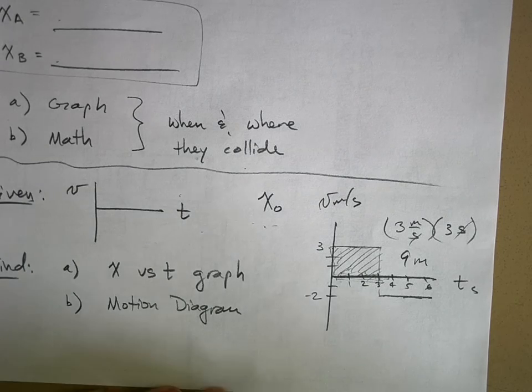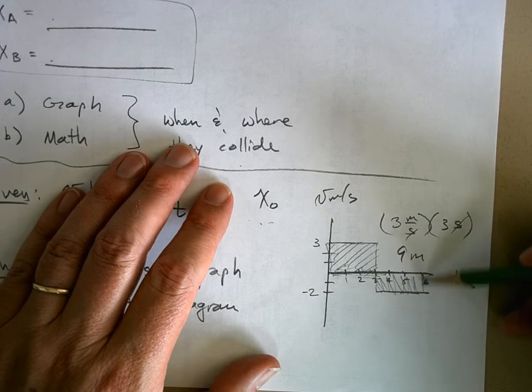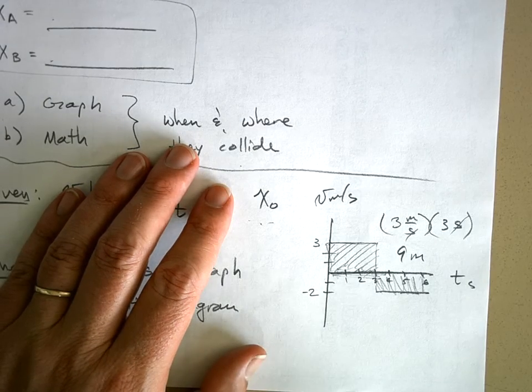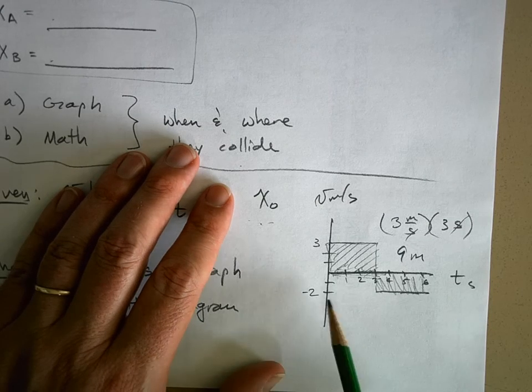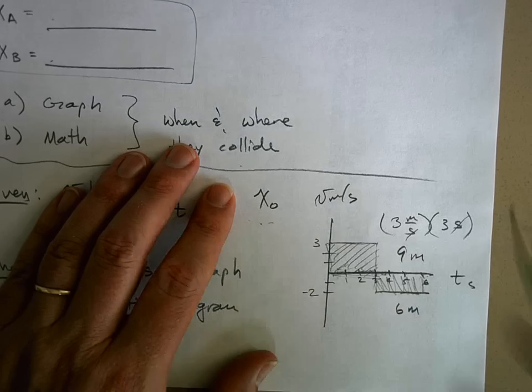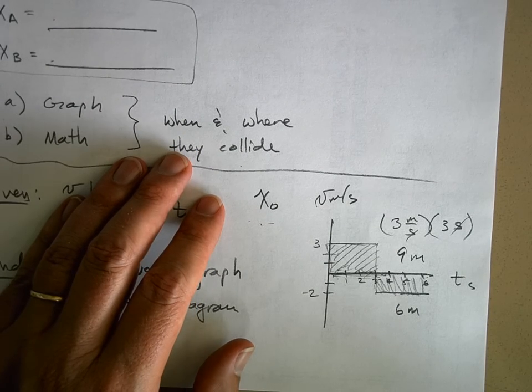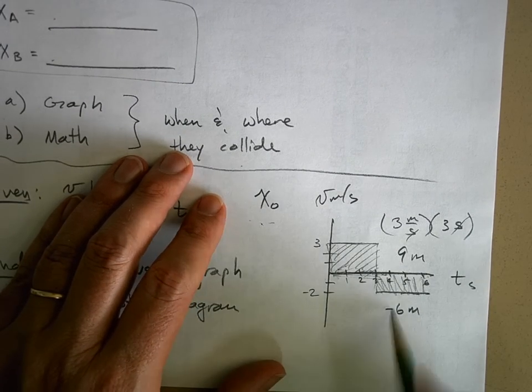And then what about this guy right here? For these 3 seconds, what was the displacement? Well, it's 2 times 3, would that be 6 meters? So the total displacement would be 15 meters? No. It's negative 6 meters. Now, what does the negative mean?